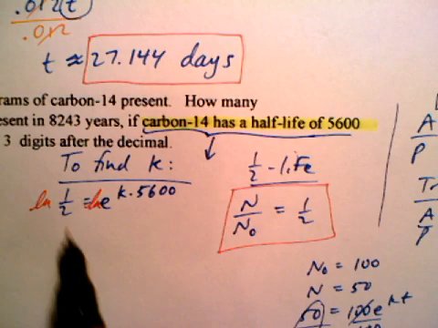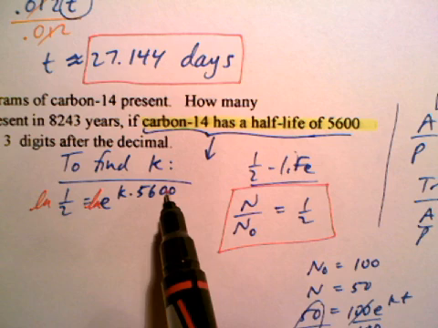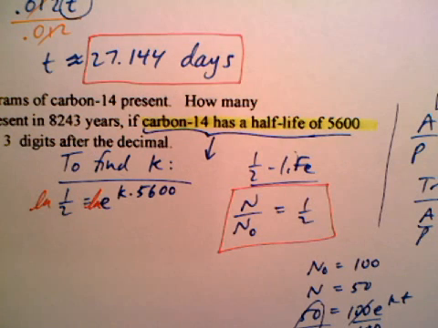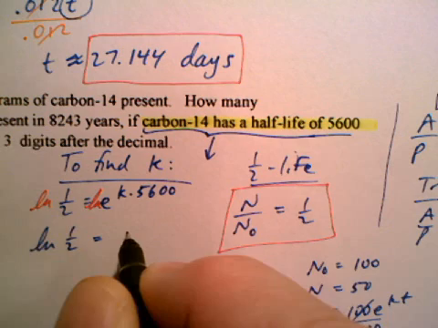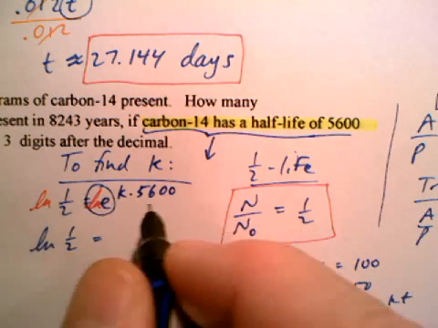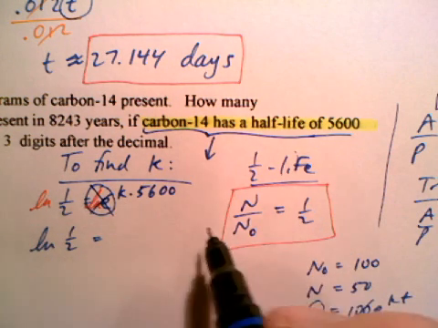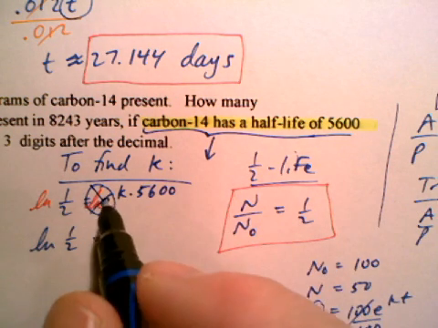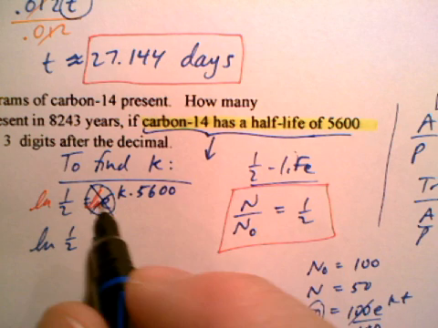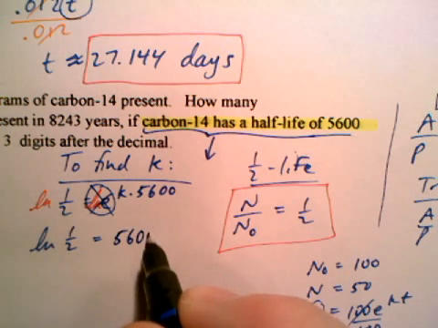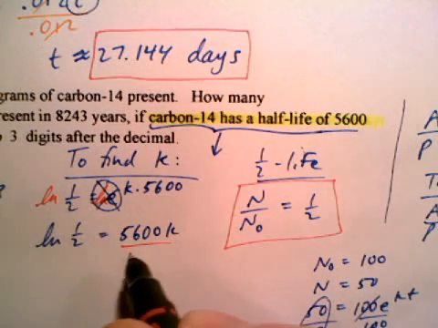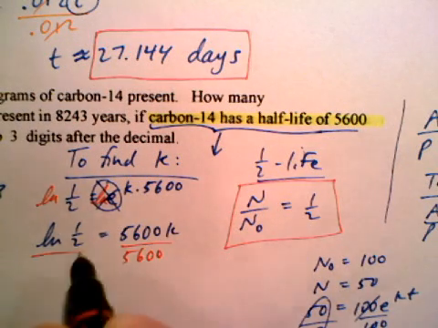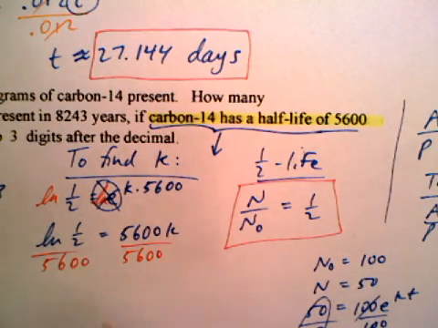Just let 1/2 equal e to the kt, whatever t is. So you have ln of 1/2 equals, remember the ln of e to anything cancels out both the ln and the e, so we get 5,600 times k. Then divide both sides by 5,600, and we get our value for k.